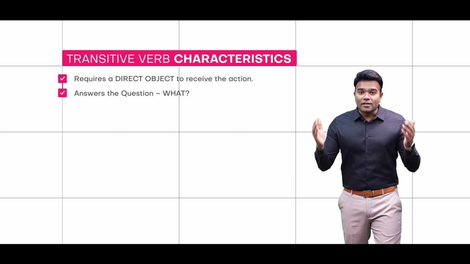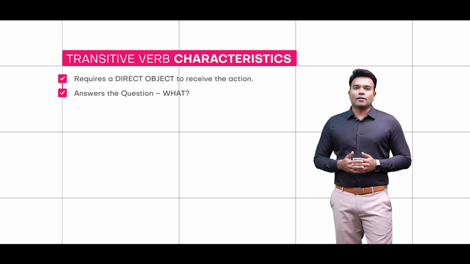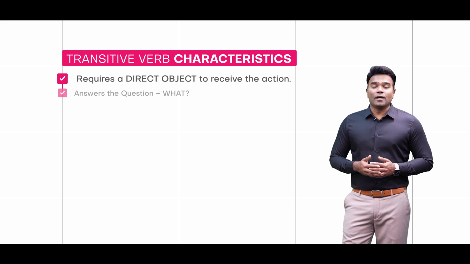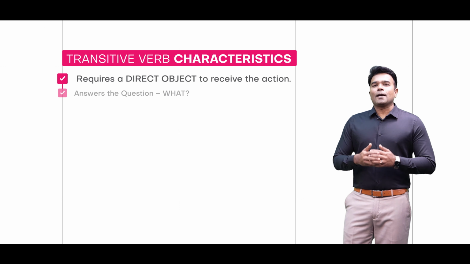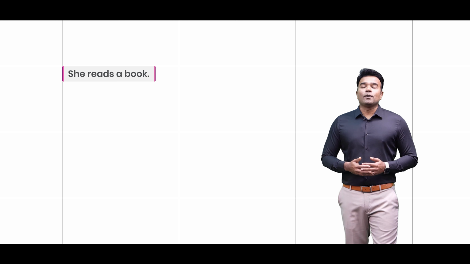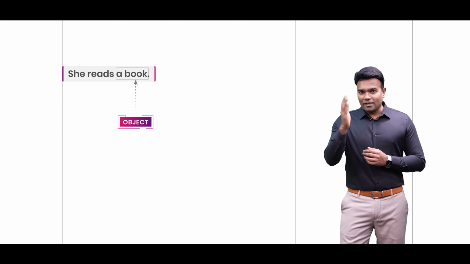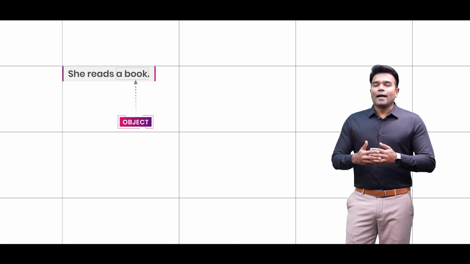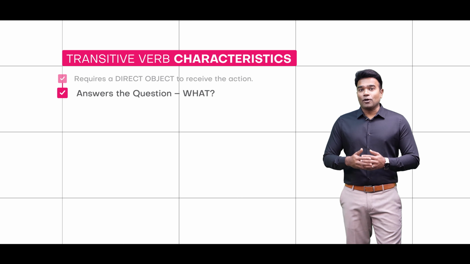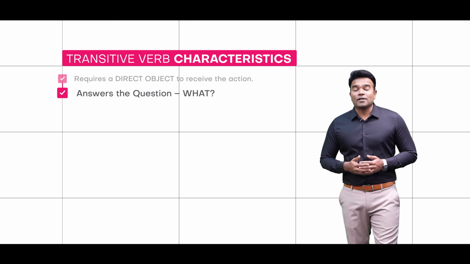Now, have a look at the characteristics of the transitive verb. What it tells is that a transitive verb is such a verb that compulsorily requires a direct object to receive the action. And here you can notice that a book is the object and it is receiving the direct action of reading. And you also know that the transitive verbs in many ways answer the question as to what.